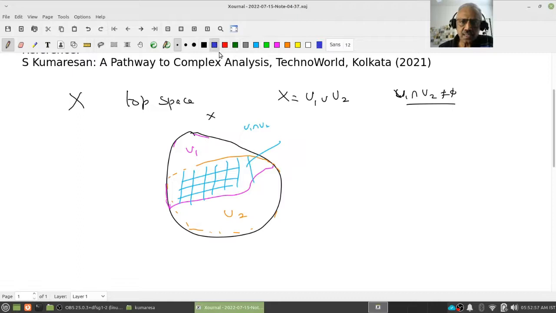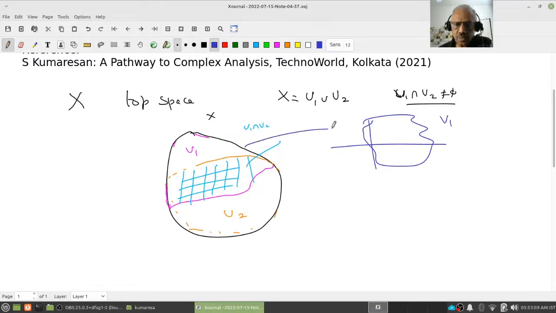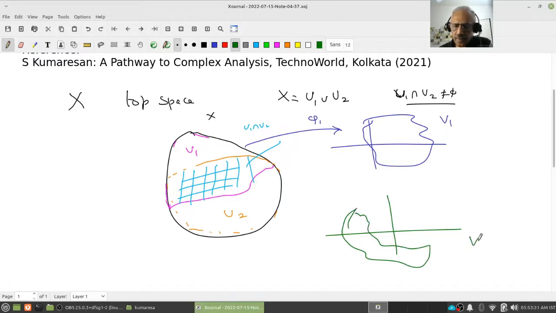Now assume there exists a homeomorphism of U1 onto some open set V1. This is your phi 1. Now let's assume there exists another open set V2, and this is the map phi 2. Everything is contained in C.